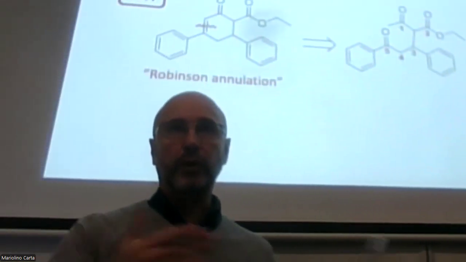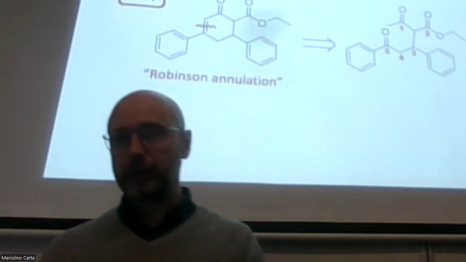Then this one in synthesis is called Robinson annulation. Then we have a 1,5 dicarbonyl possibility. You know that if you have a 1,5 dicarbonyl, normally you disconnect in this way, and you need to put a double bond on one side and keep the enolate on the other side.